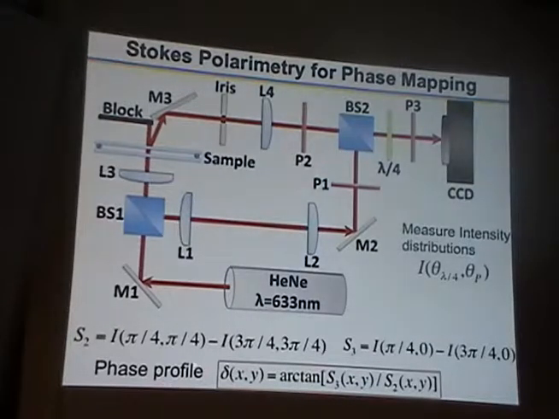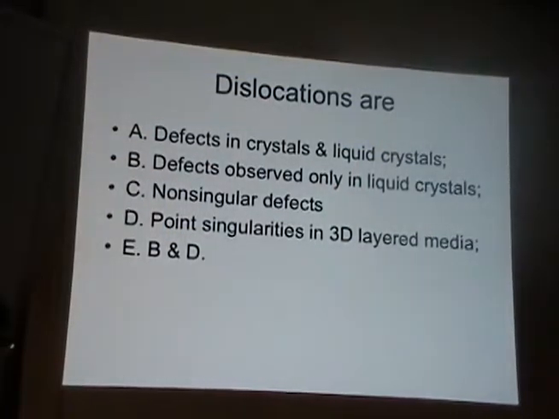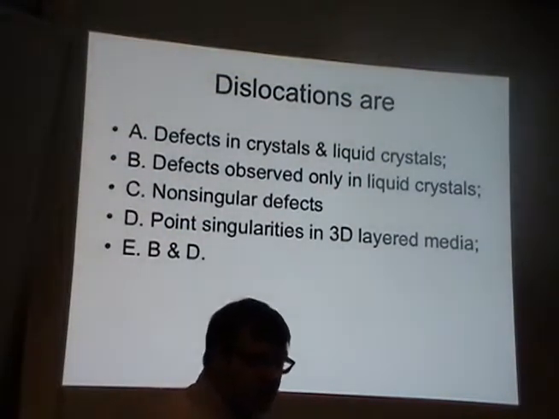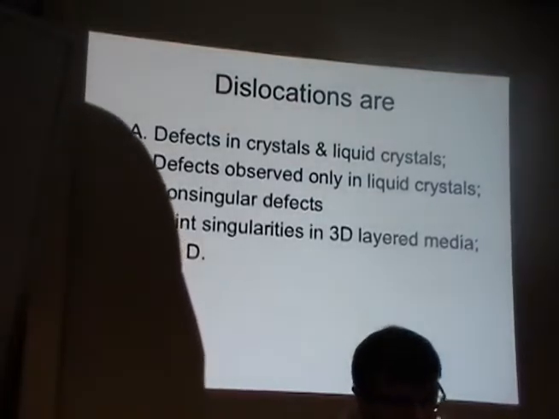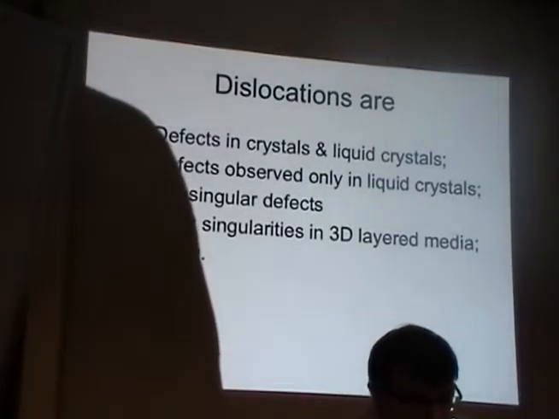And then we can find the phase profile, the one that I showed you plotted on the previous slide, based on the Stokes parameters S2 and S3 that we find this way for the detected pattern obtained using this CCD camera. Okay, so this is a detail that I thought would be useful for you to know, how we do it.